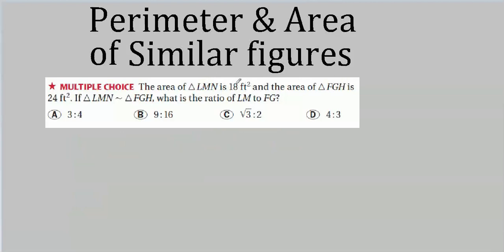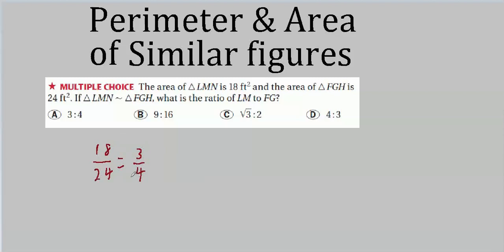We have the two areas. And what is that ratio for the areas? 18 over 24. I think we can reduce that to 3 over 4. 18 divided by 6 is 3, 24 divided by 6 is 4.